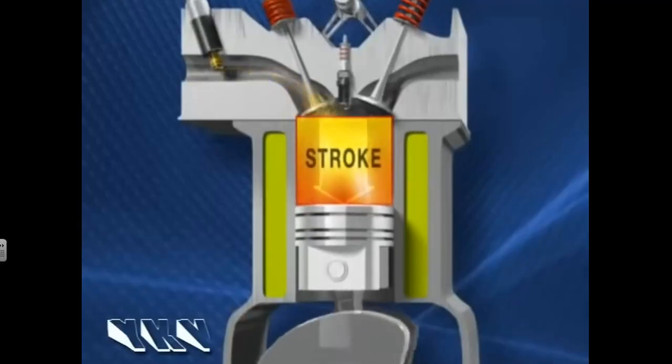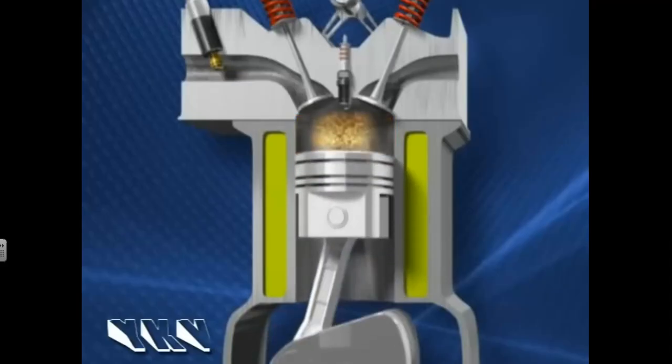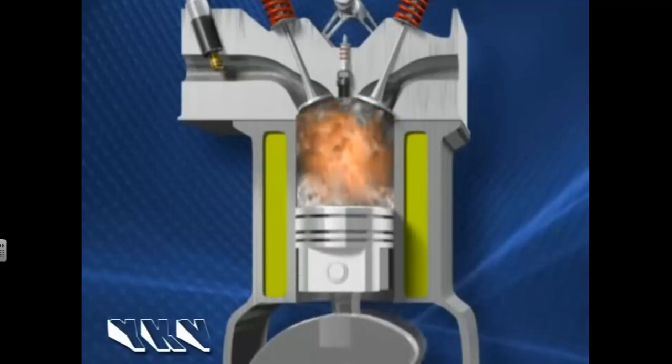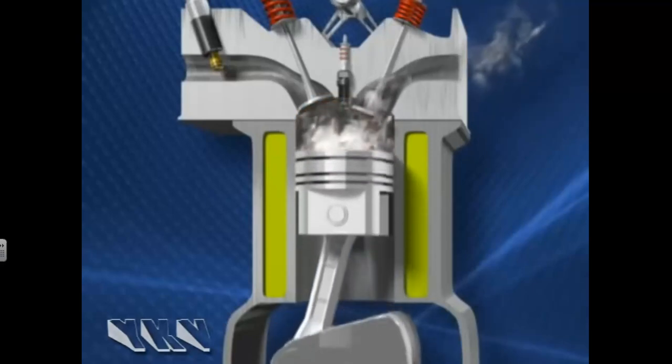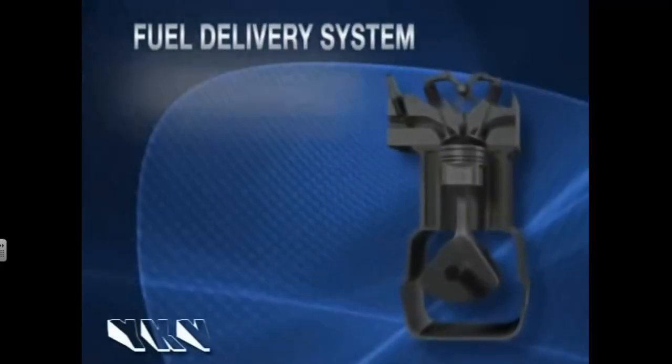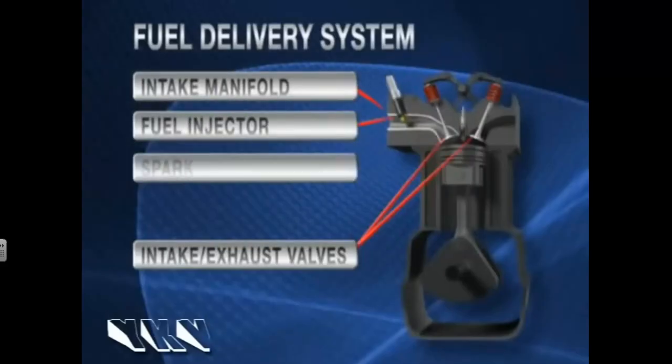The longer the stroke of the piston, the larger the displacement of gas and air occurs in the cylinder. To propel that piston, we need to ignite a tiny bit of gas and a whole lot of air. This creates expansion inside the cylinder. The fuel delivery system consists of an air intake manifold, valves, intake and exhaust, a fuel injector, and a spark plug.